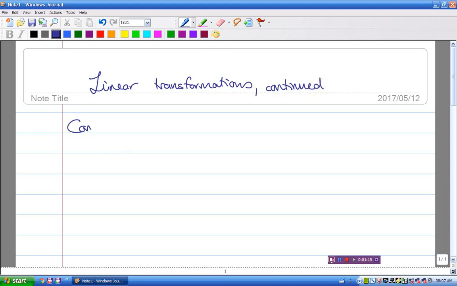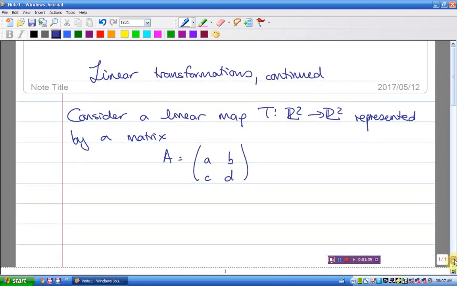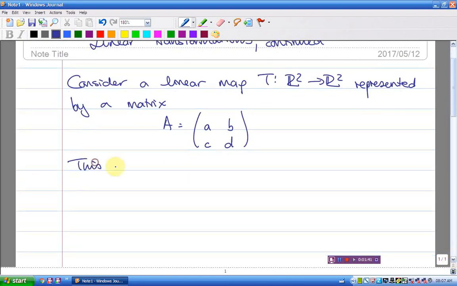Okay. Consider a linear map or linear transformation T going from R2 to R2, represented by a matrix A, which I'm giving coordinates A, B, C, D. This map will transform a square in R2.